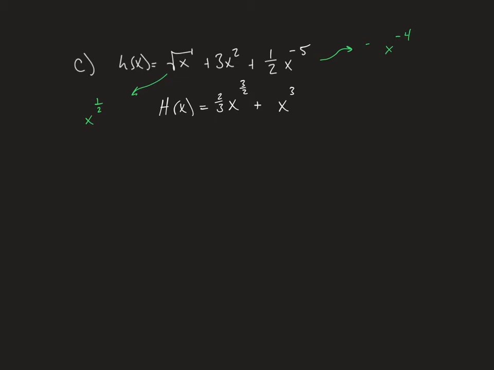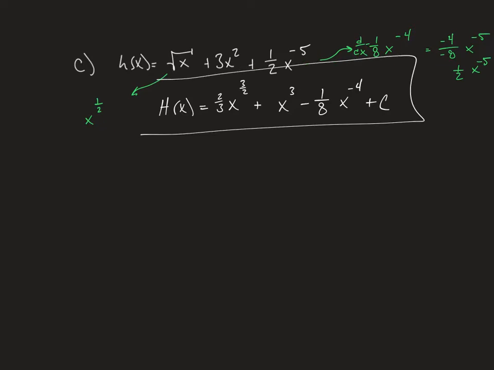So I'm going to need there to be a negative 1/8 there, so that when I do take the derivative, because the derivative of this would be negative 4 over negative 8 x to the negative 5th, and that would be 1/2 x to the negative 5th. So that's what we're looking for. So we're going to say minus 1/8 x to the negative 4th, and don't forget, plus c.